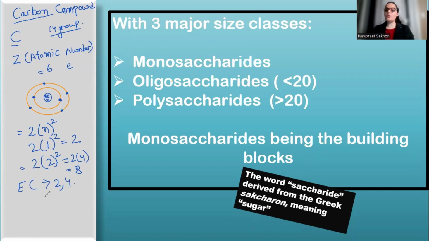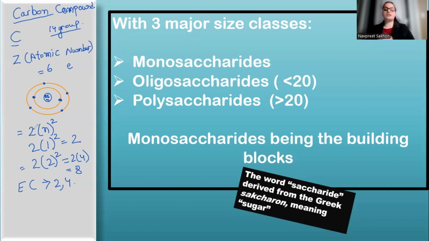We are discussing whatever is important from the biological point of view or from the biochemistry point of view. This is not very deep chemistry, but the chemistry which we require for biochemistry, this much is enough.